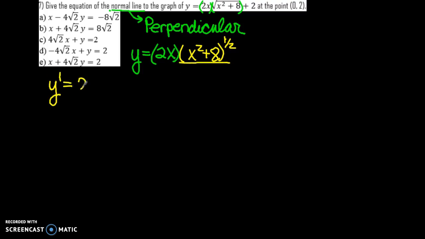So I'll take the first times the derivative of the second. And let me color coordinate this, so hopefully it's easier to spot what I'm taking the derivative of each time.